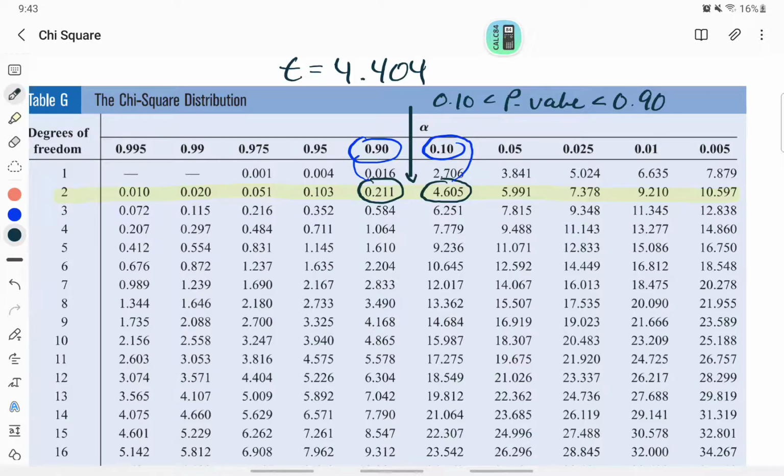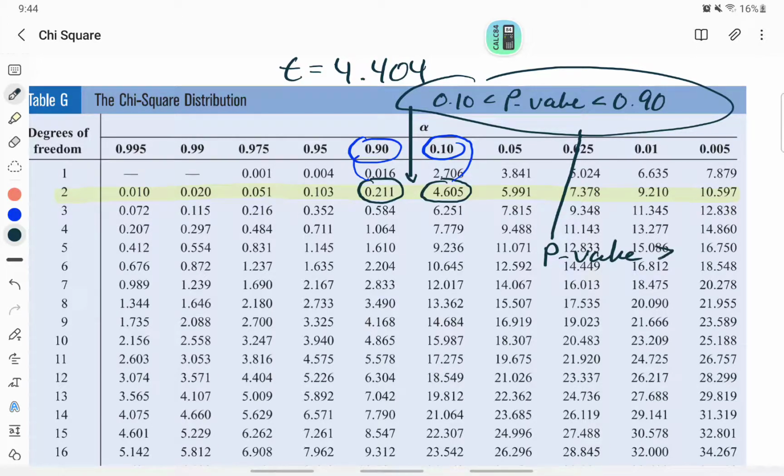I could use that as the p-value interval, but I don't think I want to in this case. Well, I know the p-value is bigger than 0.10. So instead of having this large interval like this, I'm going to write that as the p-value is larger than 0.10.